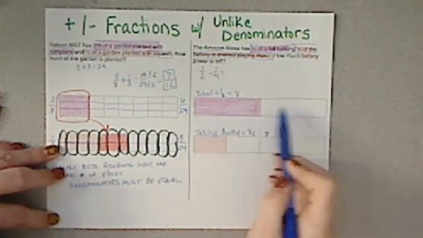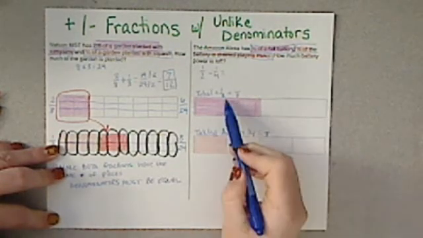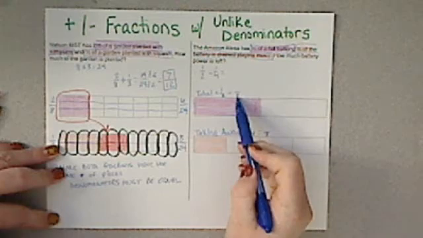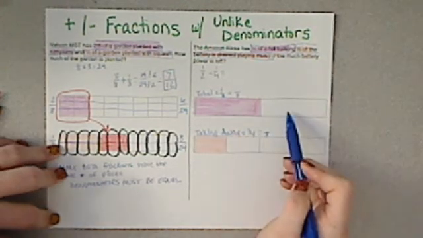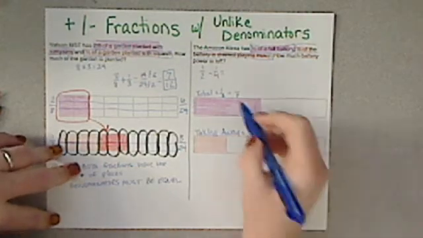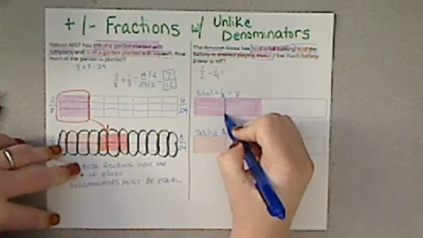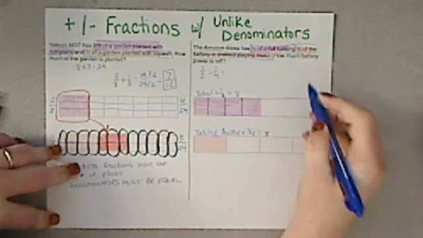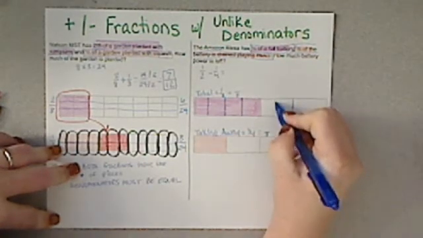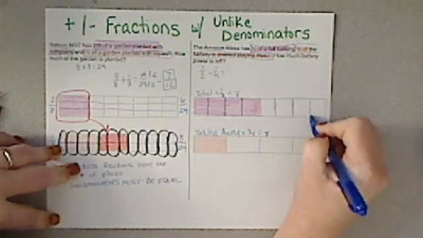If I've got 2, I need to turn it into 8. That means that I'm multiplying by 4. So each section of this fraction bar is going to be split into 4. There's 4 and 4.